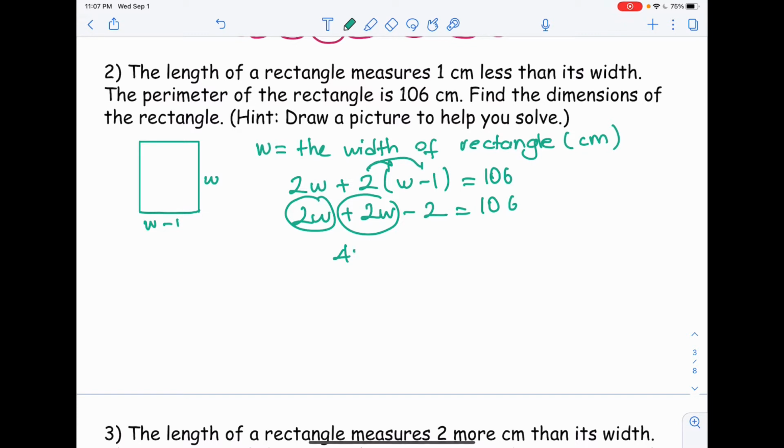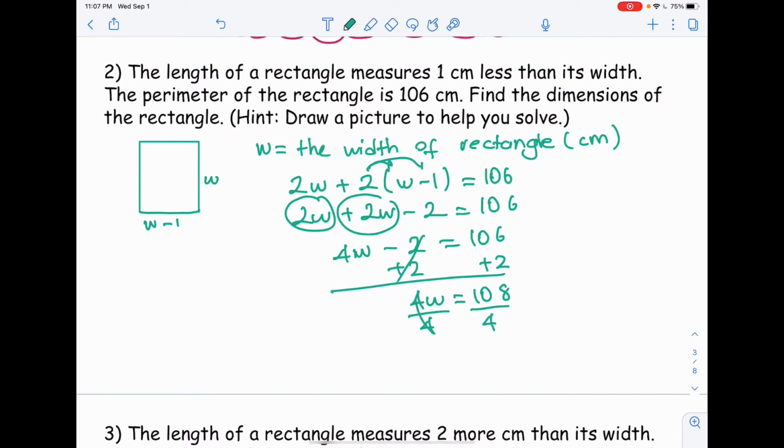2W plus 2W will give us 4W, and then minus 2 is 106. Let's add 2 to both sides of the equation, and then 4W will be 108, and let's isolate W by dividing both sides of the equation by 4, and then from here W will be 27.